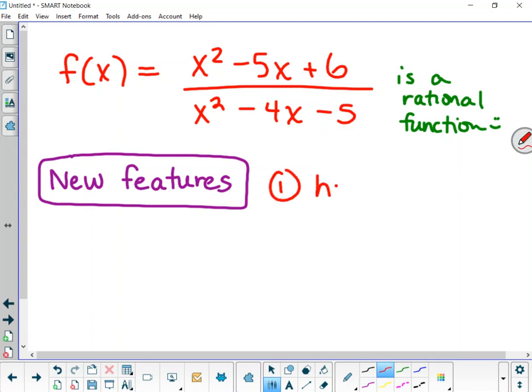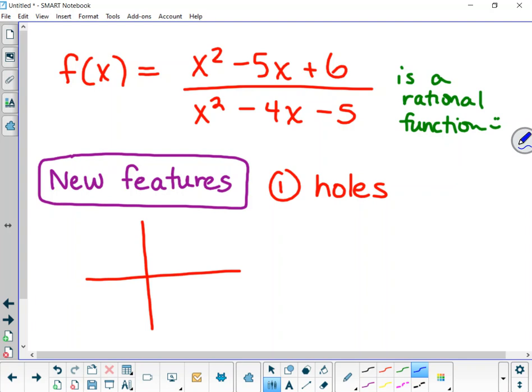Number one, rational functions can have holes in them. Polynomials don't have that. Polynomials are nice and smooth and connected, and we just connect the dots and the world is good. Rational functions can have holes. What do I mean by a hole?